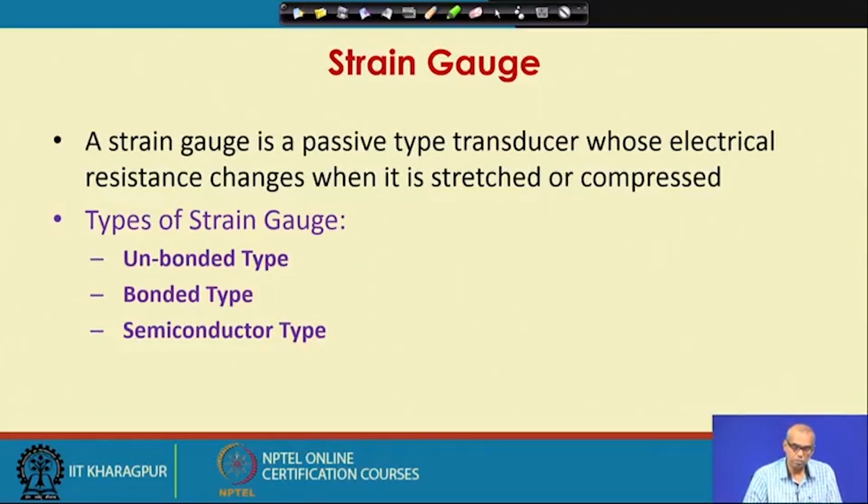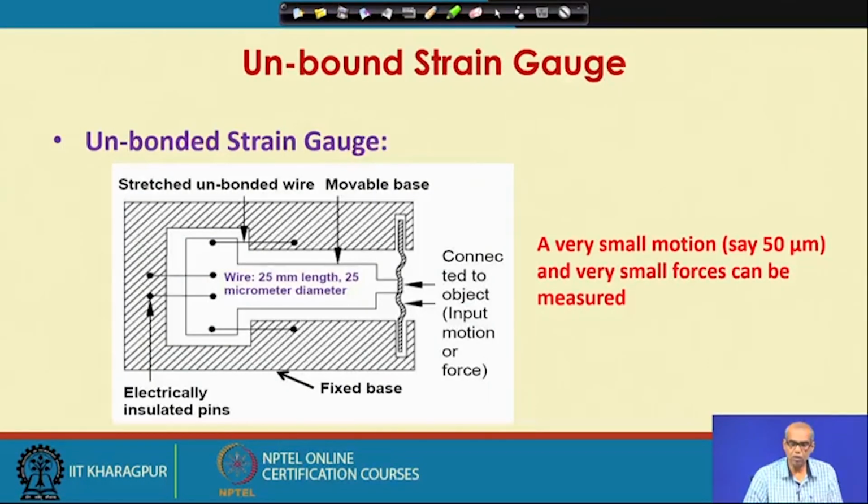There are actually various types of strain gauges. Two very common types are unbonded type and bonded type, and also there are semiconductor types. So, let us first look at unbonded or unbound strain gauge.